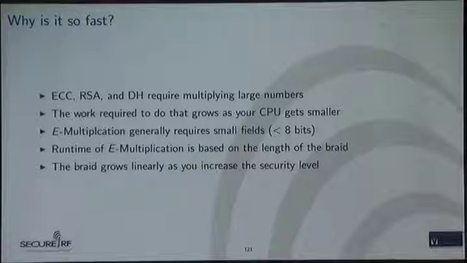The other thing, as I mentioned, is this braid is growing linearly as you increase the security level. To increase the security level, you just have to combine more of those conjugates together as you're creating your key. And so that makes your braid grow linearly. So if you want to go from one security level to another, it effectively doubles the length of your braid, so you double the amount of effort you're expending.